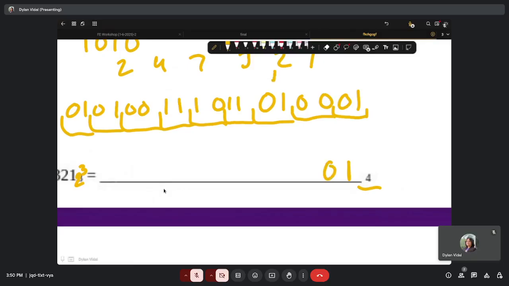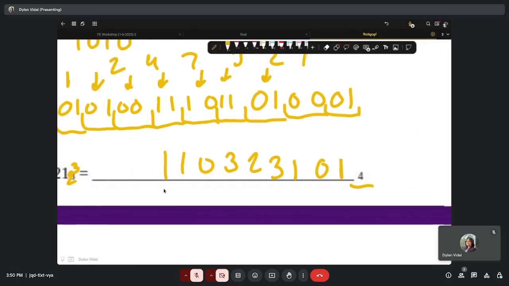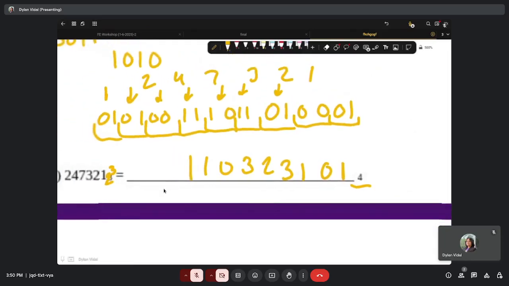This should give us 1 as well. This will give us 3, because that's 2 plus 1. This will give us, right here, 2. 3, 0, 1, 1. Right? Everyone see how we got that?